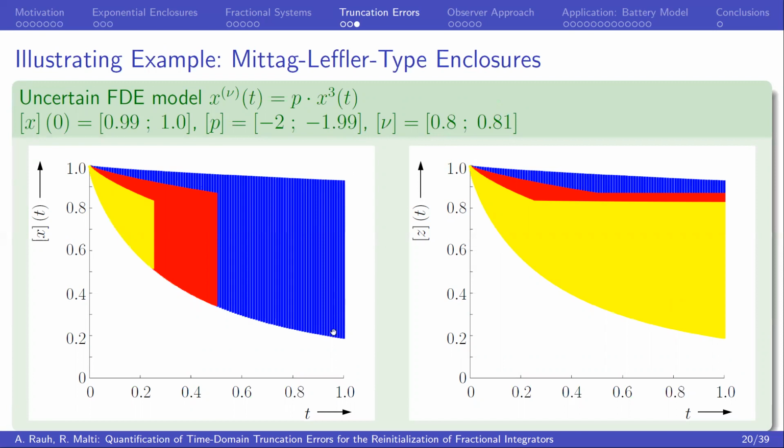In blue, you see the bounds obtained by determining one constant enclosure parameter lambda for the complete integration time horizon from t equal to 0 to t equal to 1. And in red and in yellow, you can see integration results for shorter time horizons.